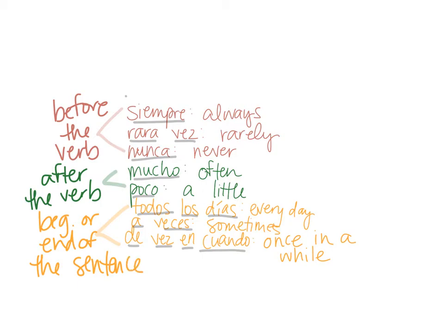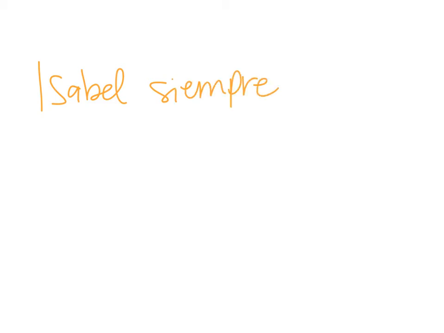So we're going to look at some examples, but the vocab is going to be pretty low tonight just so that you can work on memorizing these concepts. So let's go ahead and look at some examples. All right, I could say, for example, Isabel siempre habla.